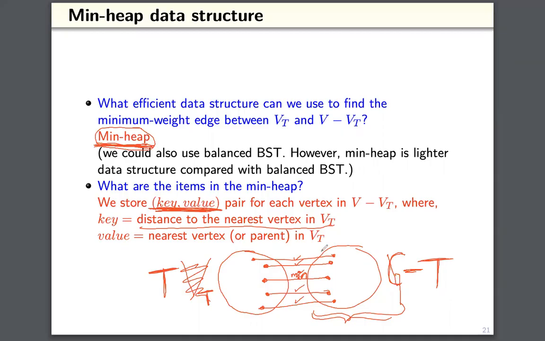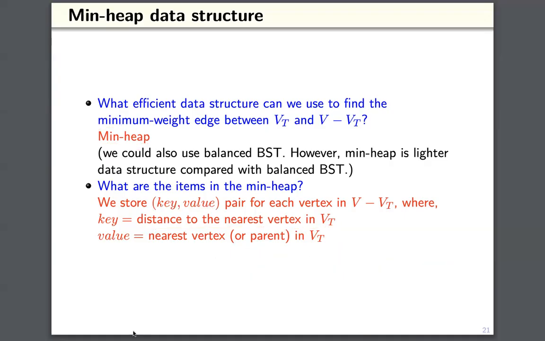Nearest vertex in V. Suppose this is A, this is B. So B's parent is A. That means B is reachable from A here. So A is the nearest vertex to B, right? That's the meaning of this. Okay, so we store key value pairs in this min heap.